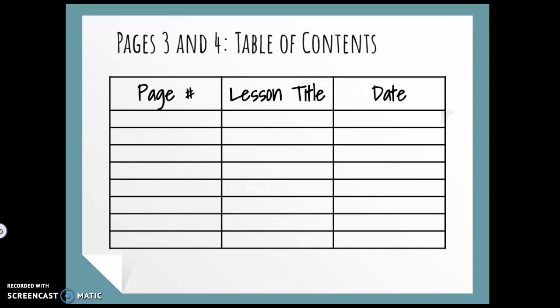And on the right side, the date. We will begin to fill this in together on Thursday. Again, make sure you write the table of contents, just like you see on your screen, on both pages 3 and 4. Pause the video and complete pages 3 and 4.